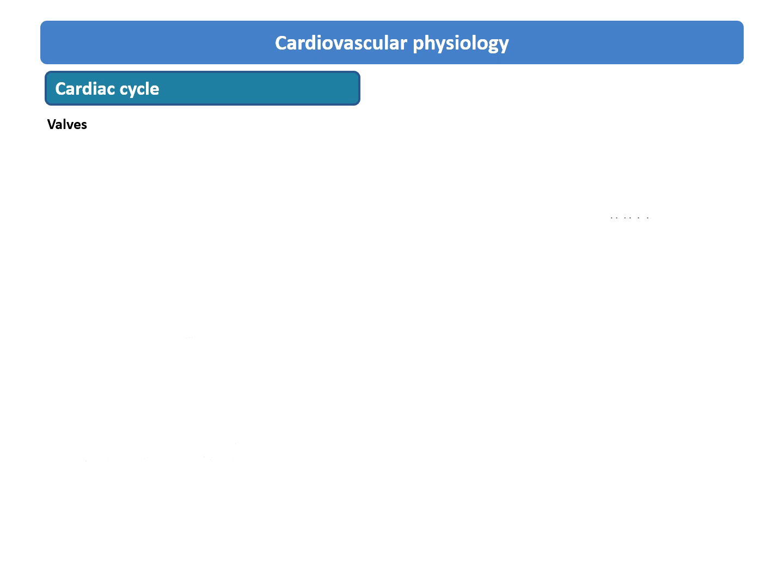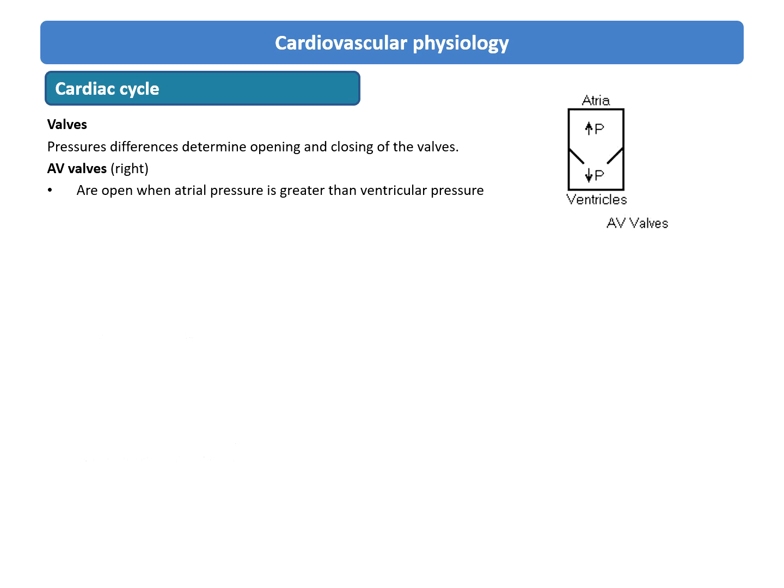What about the valves? What's happening to the valves? Well, the valves don't have little motors in them. They open and close strictly because of pressure difference. Let's look at the AV valves, the atrioventricular valves.